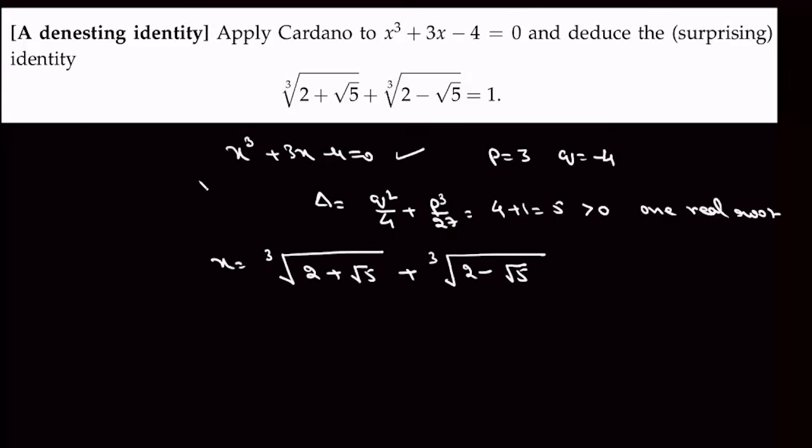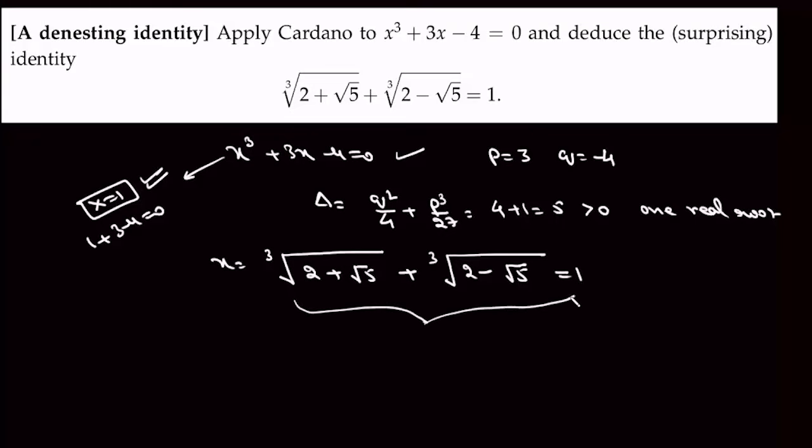So this cubic equation has only one real root. If we look at this cubic equation, we know that x equal to 1 satisfies it, since 1 plus 3 minus 4 equals 0. So its real root is 1, and this expression will be 1.